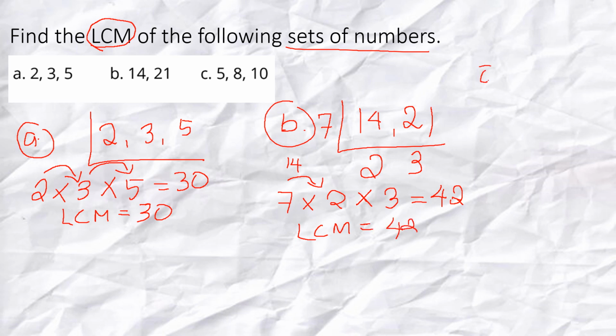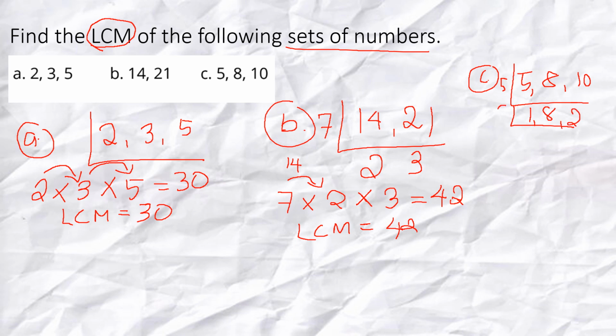For the last one, we have 5, 8, and 10. We only have a common factor for the numbers 5 and 10, so that is 5. 5 divided by 5 is 1, bring down 8. 10 divided by 5 is 2.